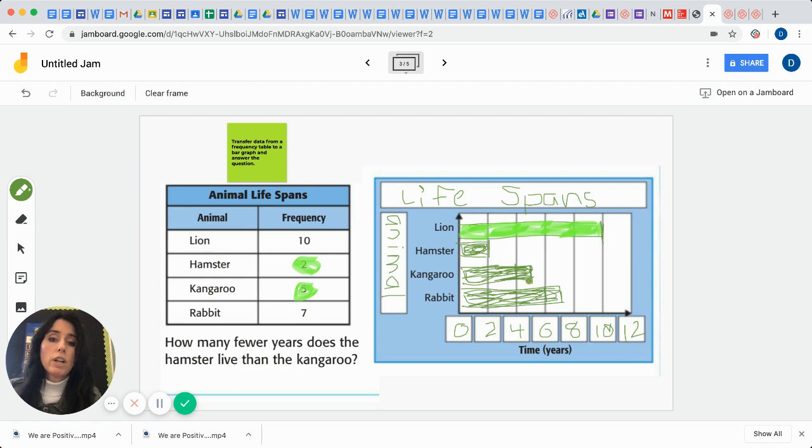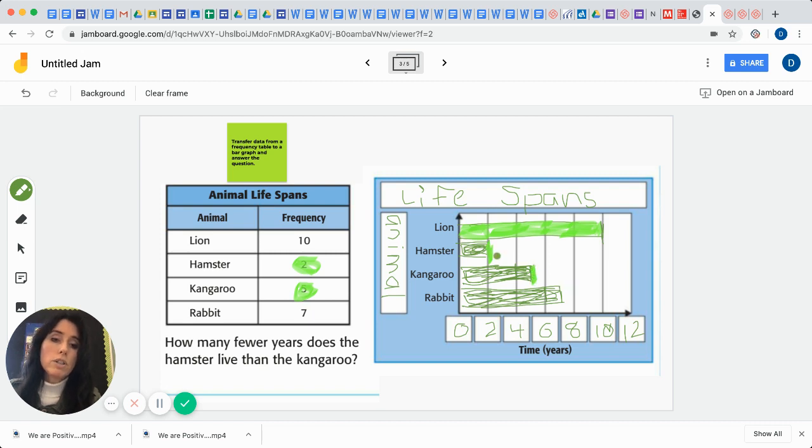Or you could look right here at your data that you've collected on your bar graph, and it says hamster is here. So I'll just mark it here with my highlighter. And the kangaroo is here.